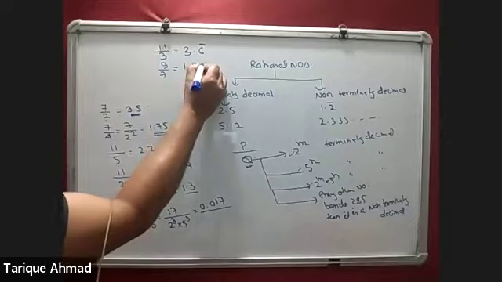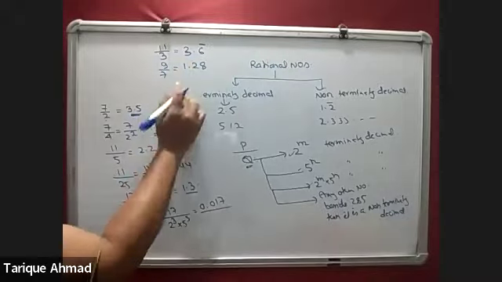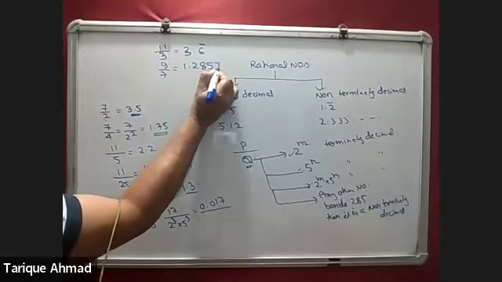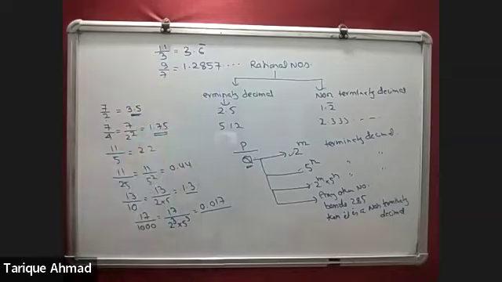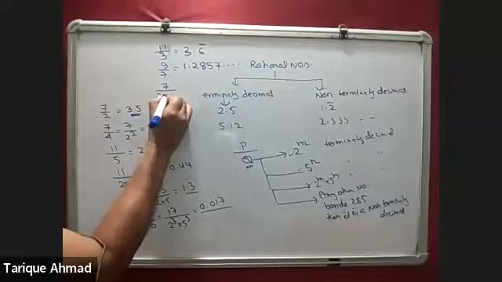Suppose 9 by 7. 7 2s are 14, 7 8s are 56, 7 5s are 35, 7 7s are 49, and it will go on. See, other than 2 and 5, so it is non-terminating decimal. Even 7 by 2 into 3.